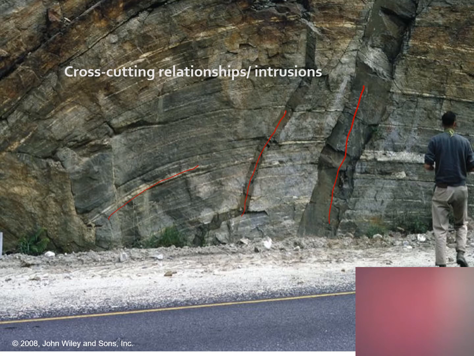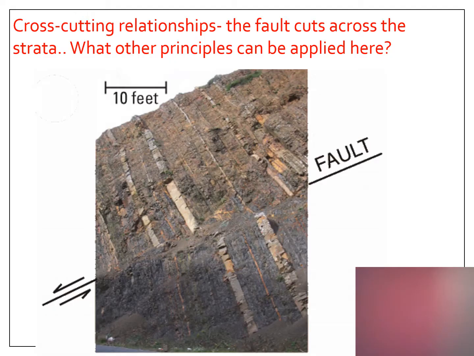Maybe a weak area, maybe a fracture, and the magma very rudely penetrated into these rocks. So we know that the rocks had to be here before the magma could intrude on the rocks. So these rocks out here are older and the intrusions are younger. So intrusions are younger than the rocks that they intrude into.